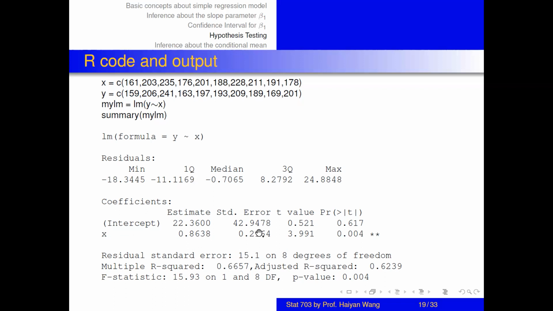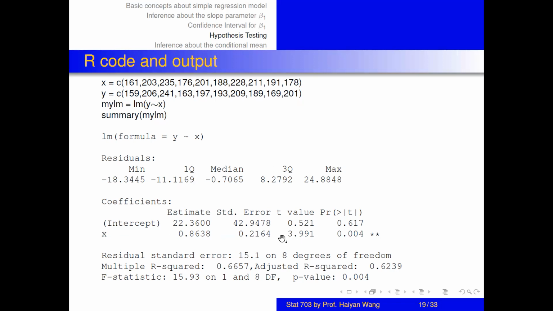And in the next column, it gives the standard error. 0.2164 is the standard error estimate for the slope parameter beta 1 hat. And in the next column are the t values, simply the ratio of beta 1 hat minus beta 1 divided by the standard error.